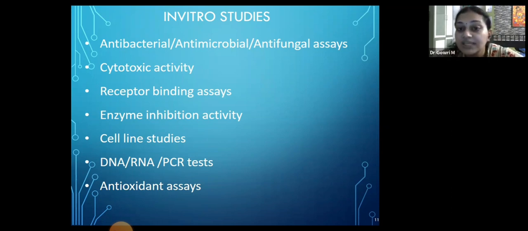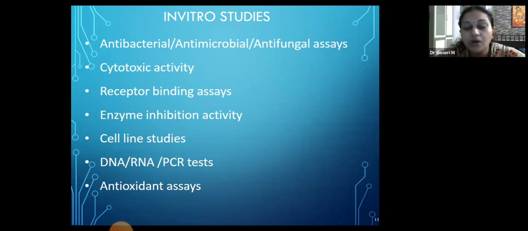By using various microbiological and biotechnological assays, we ascertain the pharmacological activity of a particular drug confined to a particular cell. This is the basis of in vitro studies.